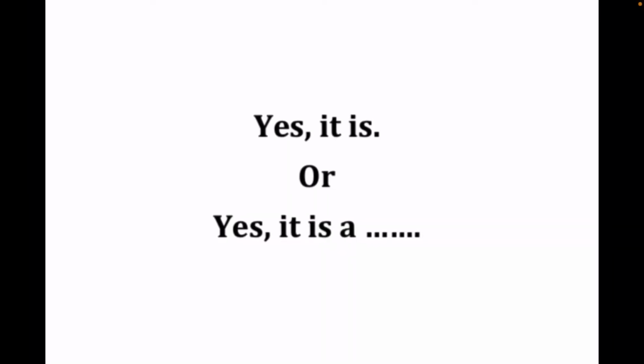So here they'll have to just answer yes it is, or alternatively they can give the longer answer, yes it is a. This is an example exercise you could do with them. I'll show you exactly how to do it so that you can reciprocate it with them. So let's see how the exercise could be done.